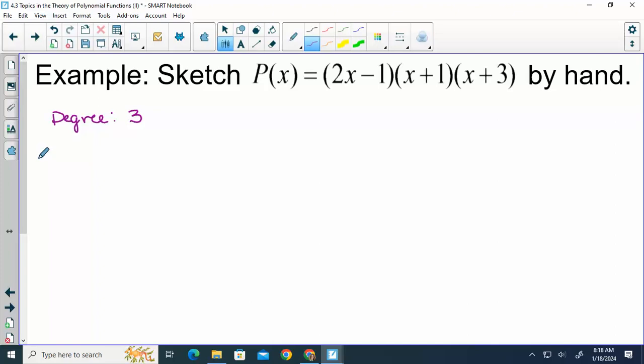They could be real or imaginary, but that gives us at most 3 x-intercepts. So the end behavior. Okay, if it's an odd degree, we know it looks like a chair. Negative coefficients flip it. So there is not a negative coefficient, so it's like our standard x cubed. So our end behavior is down up.